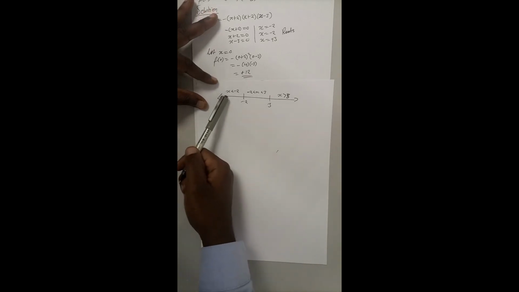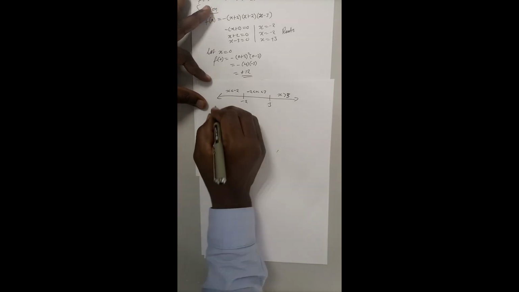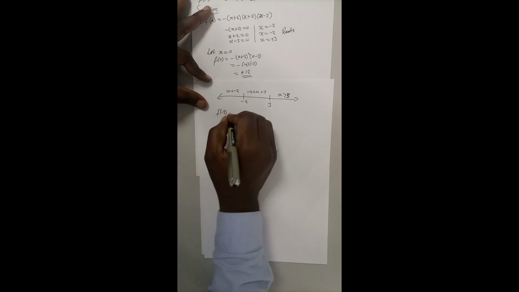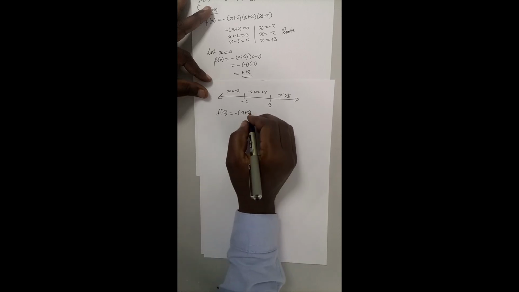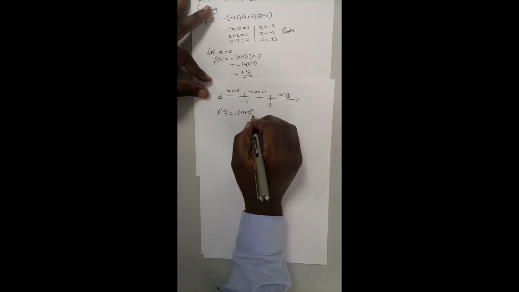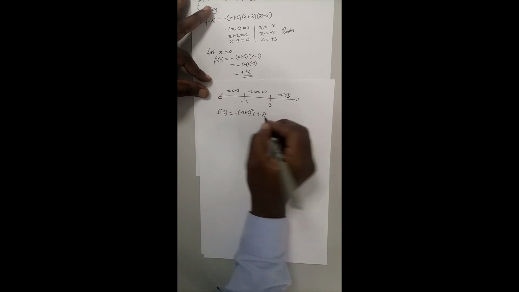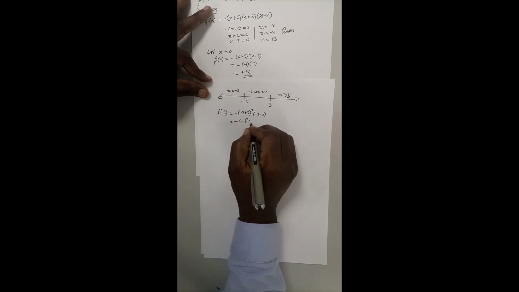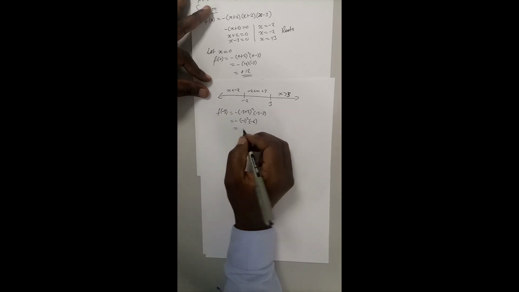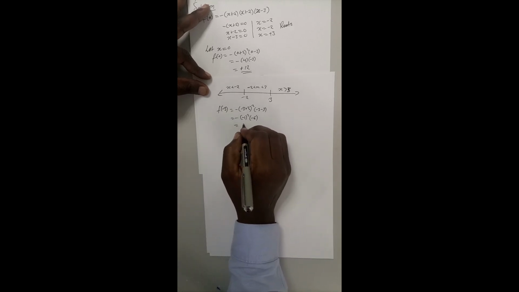For values less than -2, you can pick -3 for your convenience. Then you put -3 there. -3 plus 2 squared, -3 minus 3. You're going to have 1 squared times -6, which gives negative 6, positive 6 with the sign as worked.